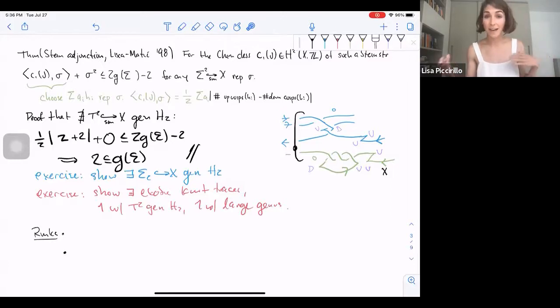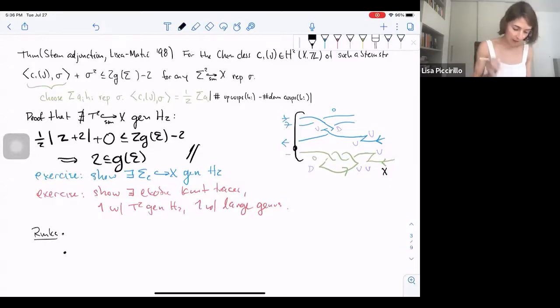We just drew a diagram that satisfied some nice properties, and then we counted some stuff in the diagram, and we got a bound on the minimal genus of a smooth surface representing a homology class. And if you've ever had to do that before in another context in your life, you might have had to count pseudo-holomorphic curves or something like that and not count up cusps. So this is a great adjunction inequality for usability.